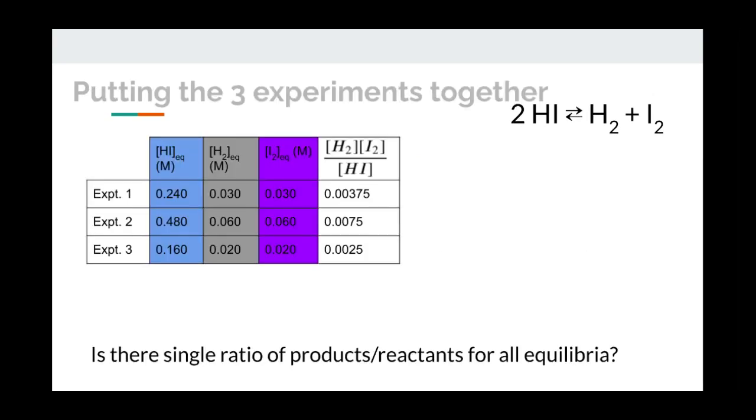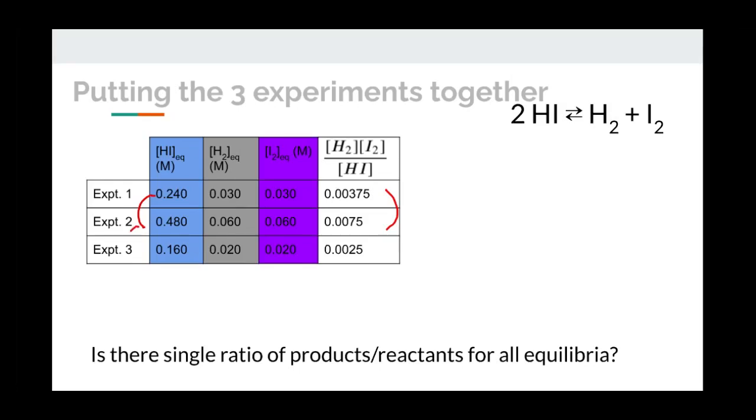One way that we might start looking for a way to quantify where we're at equilibrium would be to take a ratio of products over reactants. And when we do that, we find 0.00375, 0.0075, and 0.0025. Now, there's definitely a trend here. When we doubled the initial concentration of HI from experiment 1 to experiment 2, we found that we doubled that ratio.